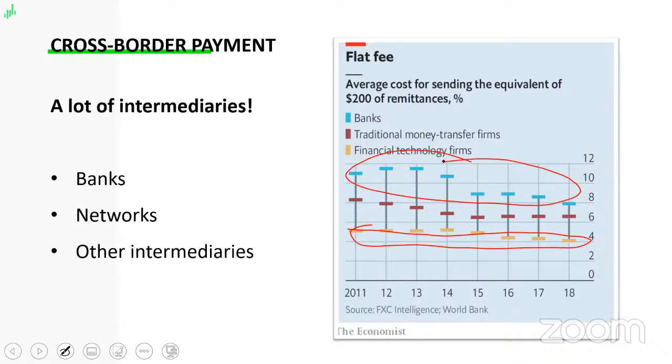People are willing to pay, I think the average is 6.5%, to send money abroad. Of course, some routes are cheaper. Sending money from France to Spain, the UK or Switzerland is cheaper than sending money from France to China or the Philippines.